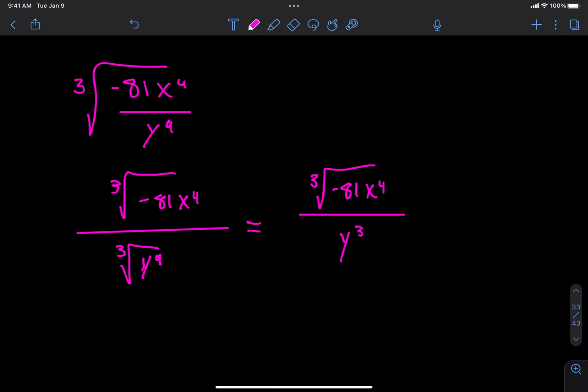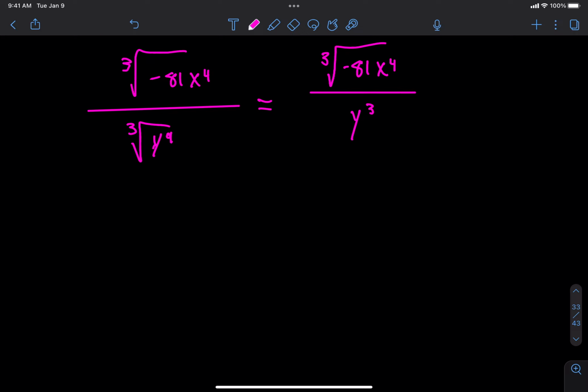Okay. How about the top? Someone help me rewrite what is underneath on the top in a smart way. Cube root of negative 3 cubed, and then you just put the x into a different fashion.